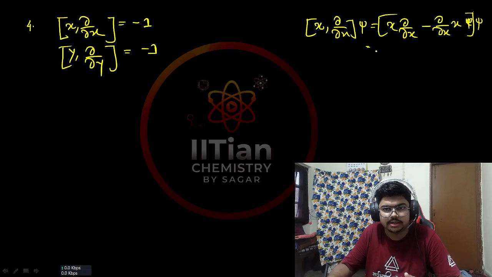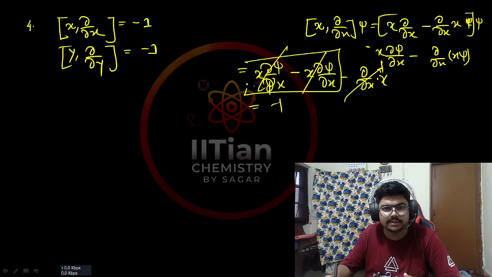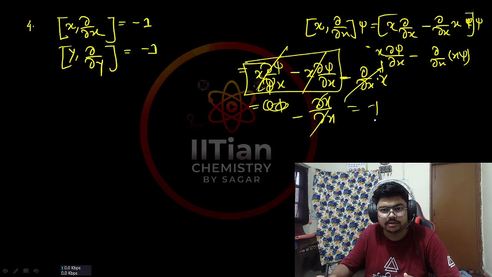Let's take psi inside: x del psi by del x minus del x of x psi. That means x del psi by del x minus x del psi by del x minus del x of x. This will cancel out, and minus of del x upon del x is 1. That is basically -1.